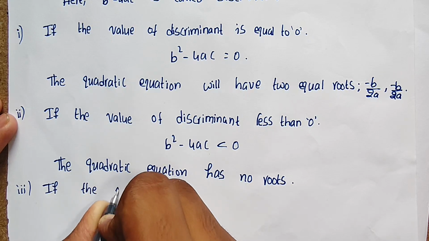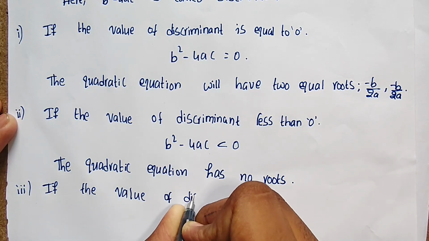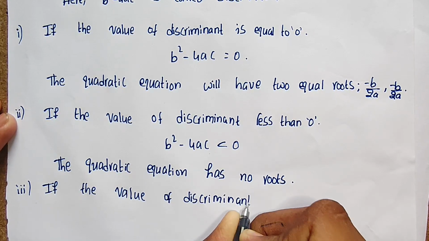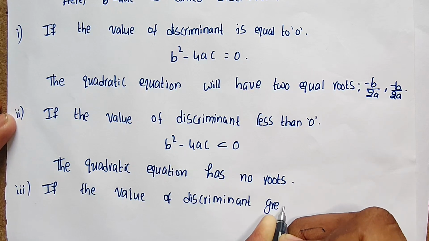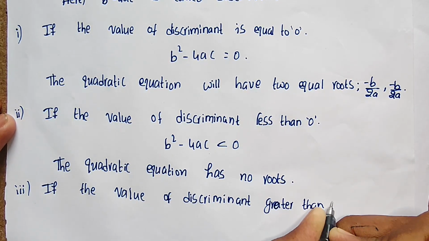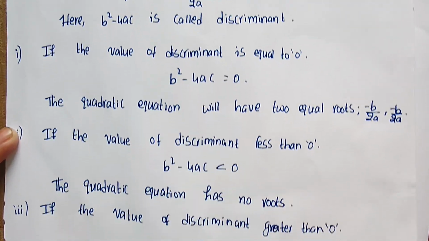Third one is if the value of the discriminant is greater than 0. What is the discriminant? b square minus 4ac.